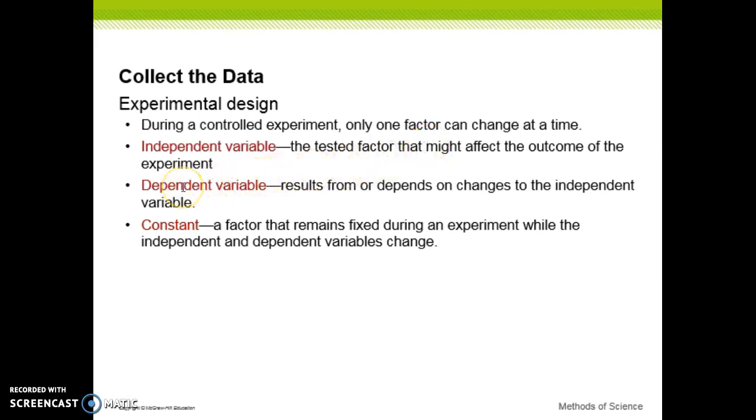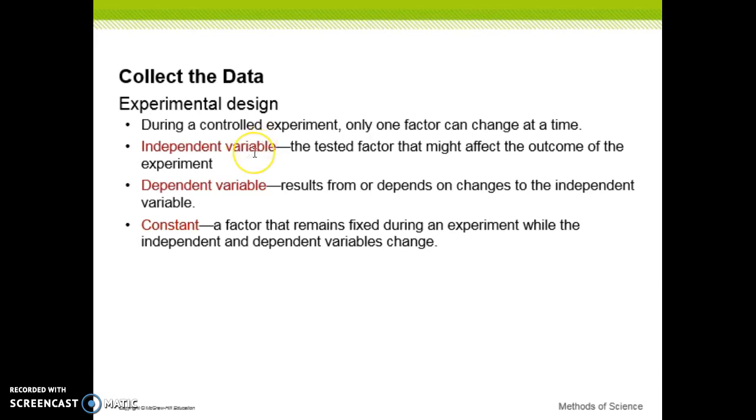And the dependent variable is the result or the thing that I can measure. So next to dependent variable, add something I measure. And next to independent variable, please add something I change or is within my control.